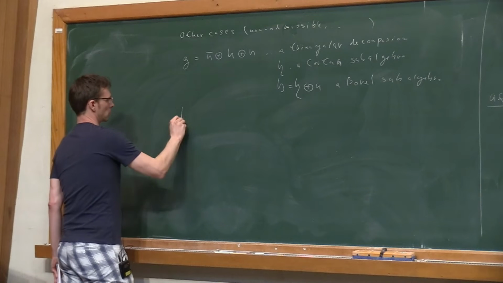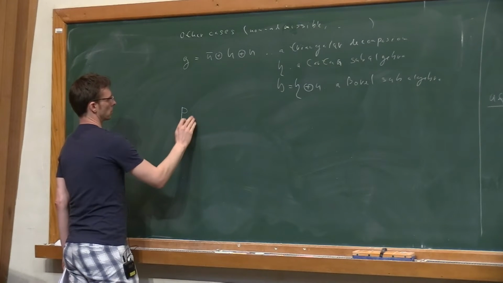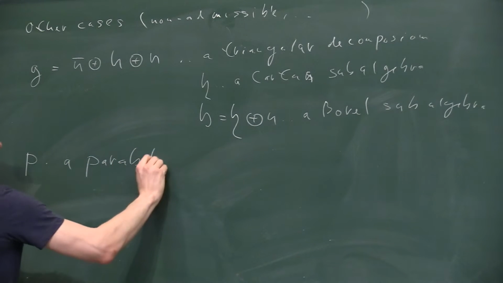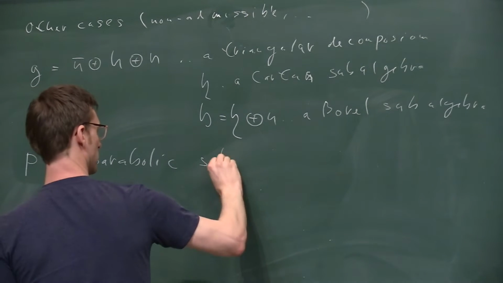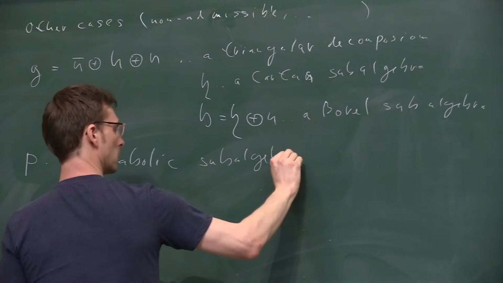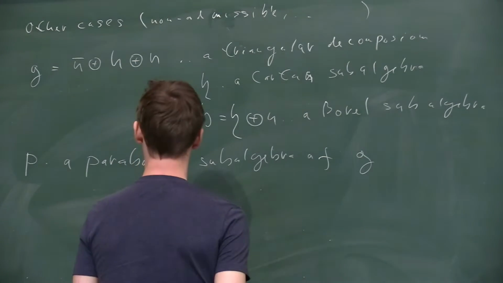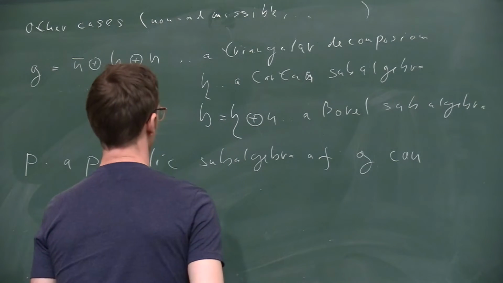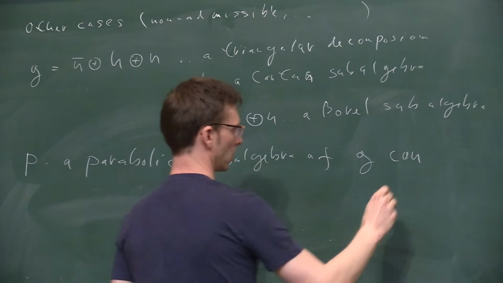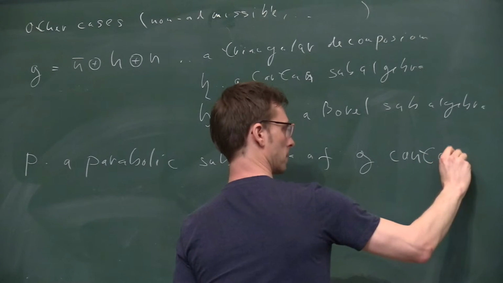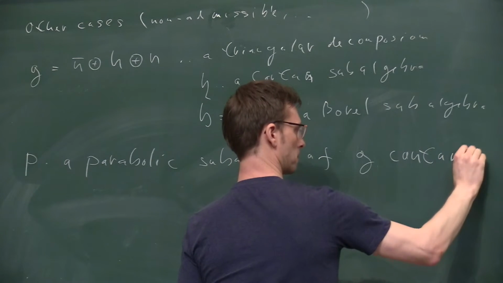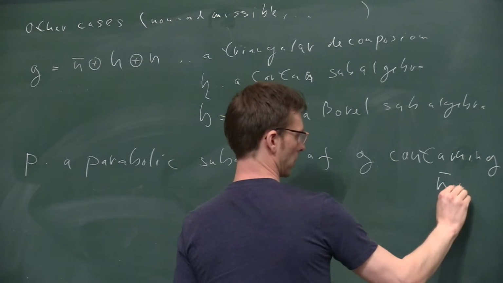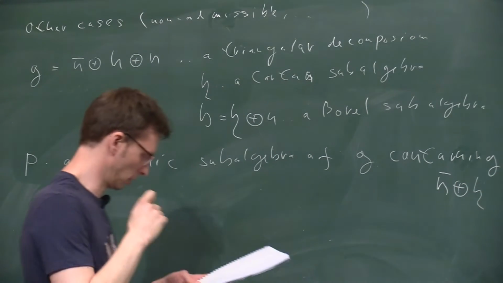I also need a parabolic. So p will be a parabolic subalgebra of g, and I will suppose that it contains the opposite Borel subalgebra, so it will contain n bar plus h.